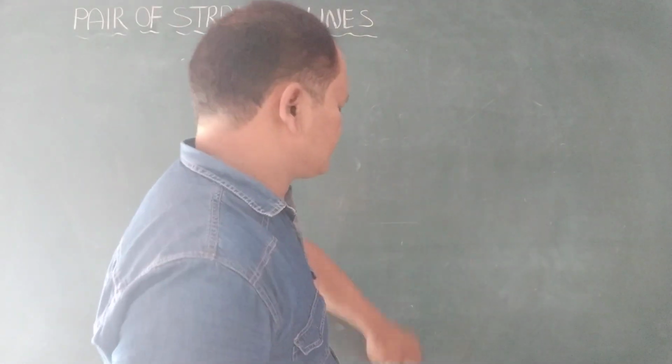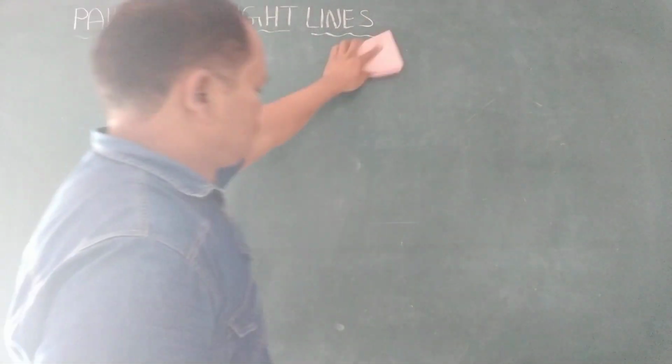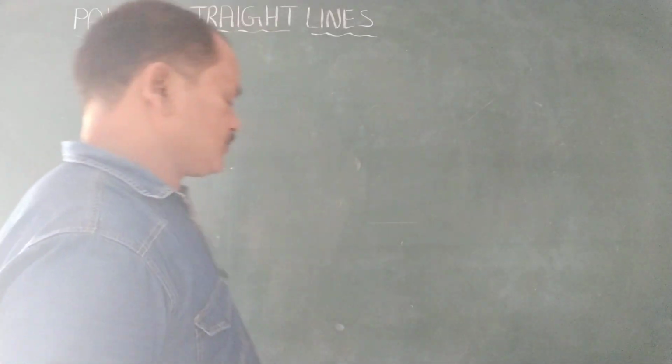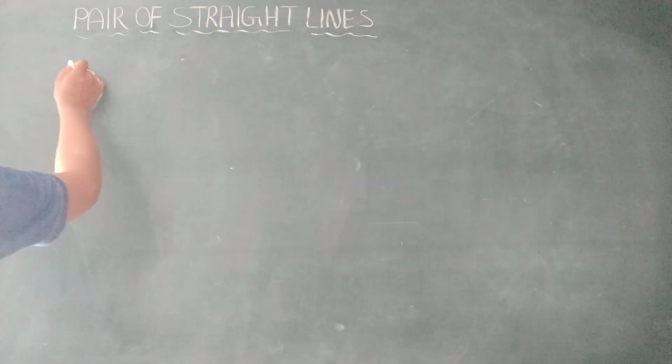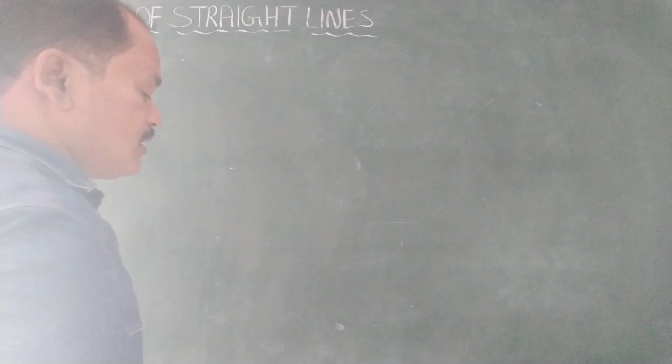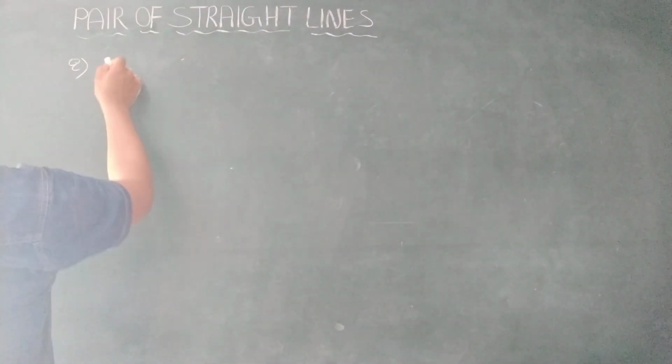This is the basic concept, the nature of homogeneous pair of lines. Now write the question.